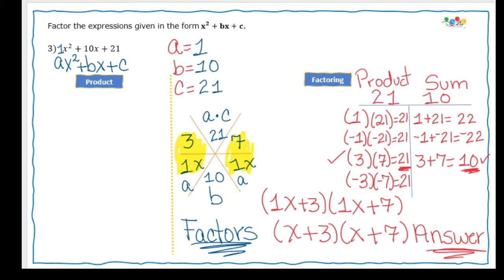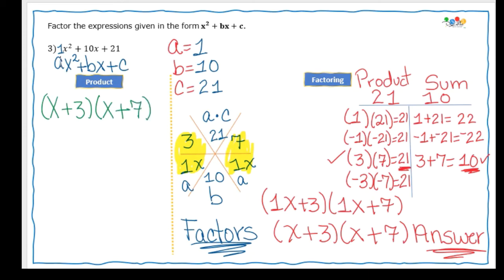Okay, so I know what you're thinking. Miss, what do you want that section on the left that says product? This is a very good way that you guys can use to prove that your factors are correct. We're going to write the factors that I got, which are x plus 3 and x plus 7.